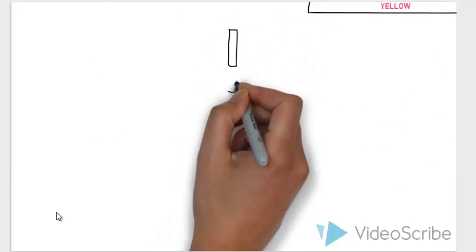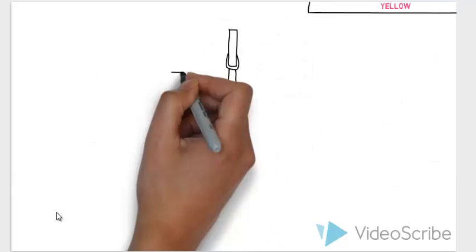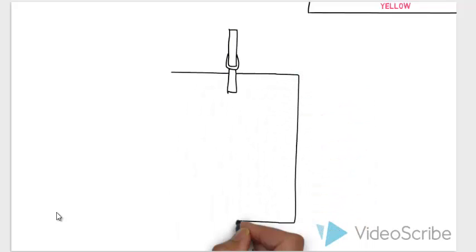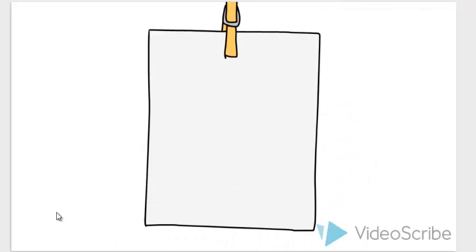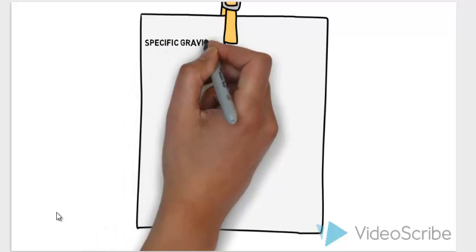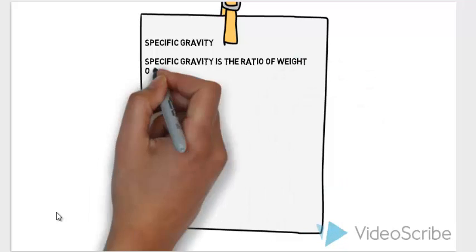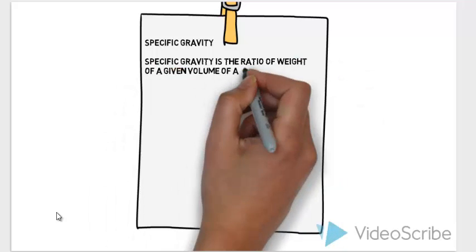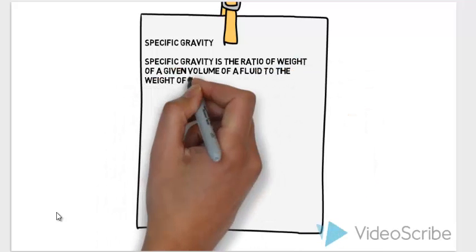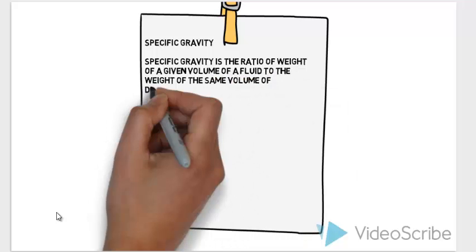Another property which we are going to discuss is specific gravity. Specific gravity is the ratio of the weight of a given volume of a fluid to the weight of the same volume of distilled water measured at 25 degrees Celsius.